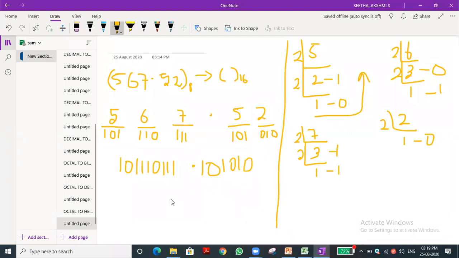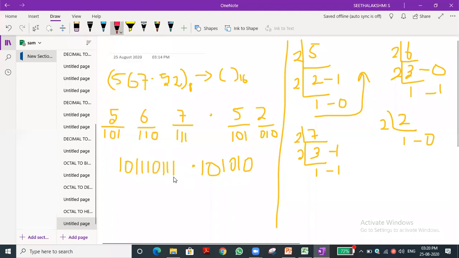Okay, now our work is to group into 4 bits because we need to convert into hexadecimal. As we saw in yesterday's and last class, hexadecimal means grouping by 4, isn't it? So let me group it by 4. I will change the color.